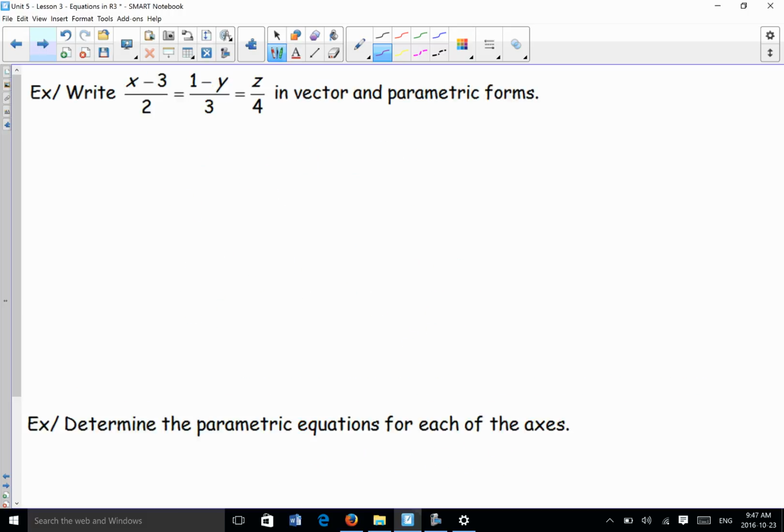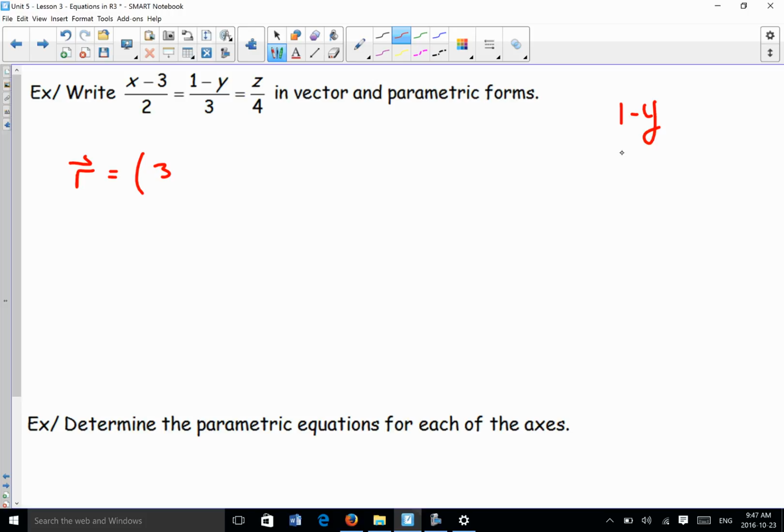Okay, so let's work backwards a little bit. We can put this back into vector and parametric forms. Back to vector form is probably the easiest way to do things first. So r equals our point, 3. Be careful with the next one. We have 1 minus y, which is not the same as y minus 1.